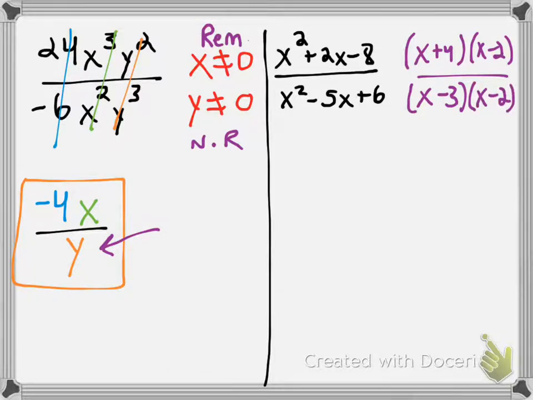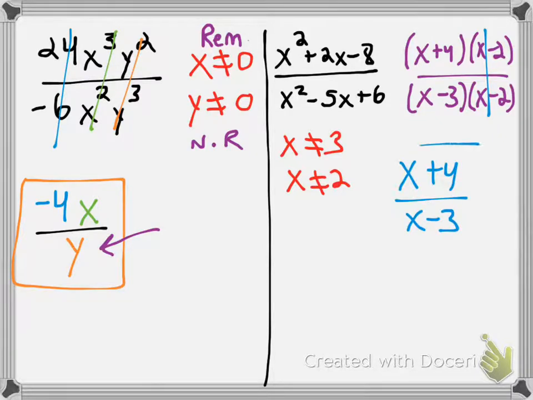I have factored. Now I set my restrictions. X cannot be 3. X cannot be 2. Because 3 minus 3 is 0, and that'll create a 0 in the denominator. Same with the 2. So now we move on to the next step, which is simplify. X minus 2 over x minus 2 cancels out, meaning we're left with x plus 4 over x minus 3.